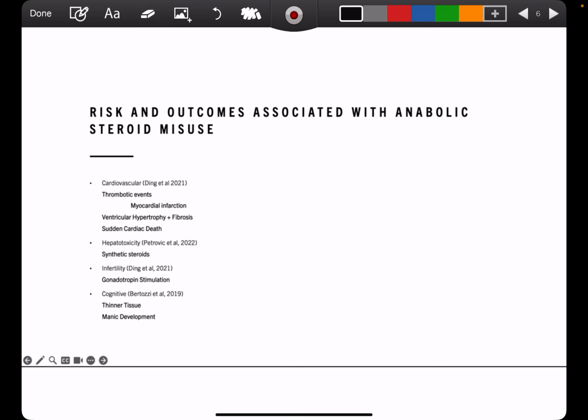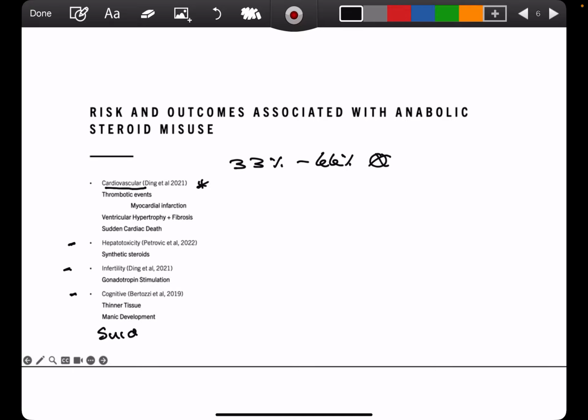And then risk and outcomes associated with anabolic steroid misuse. A lot of it focuses on the, sorry, cardiovascular changes, which Ding et al. found that 33% to 66% of premature deaths are related to cardiovascular events, and everything else is hepatotoxic.